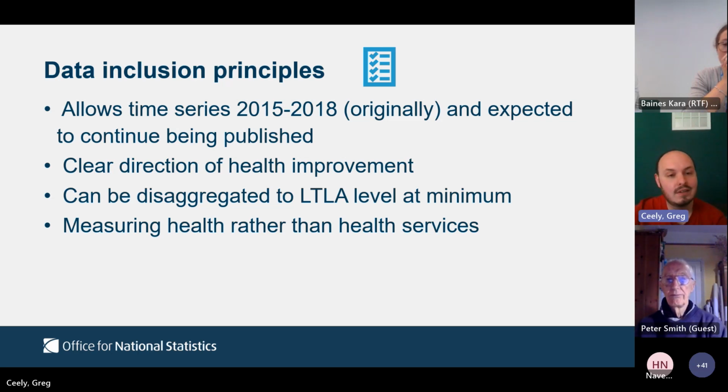Similarly, I've mentioned here clear direction of health improvement. We had many a philosophical discussion on our different potential indicators, especially on health conditions, of whether prevalence or incidence was more important to measure as a sign of population health.